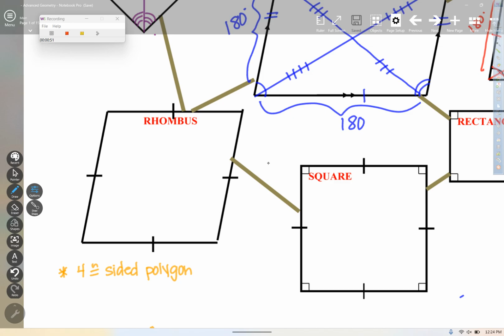So opposite sides are parallel. That comes from a parallelogram, right? Opposite angles are congruent. That's also from a parallelogram. Diagonals meet at 90 degrees. That's from a kite.